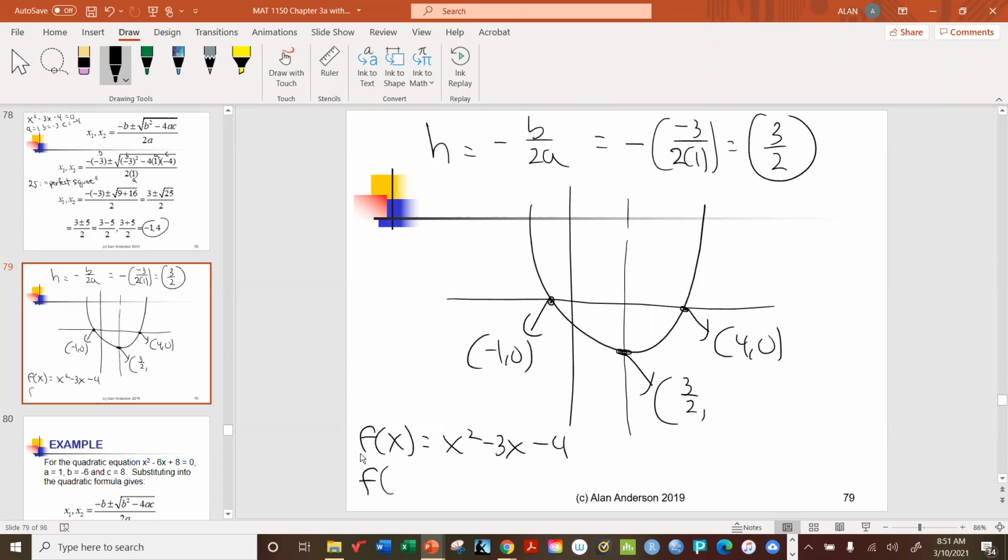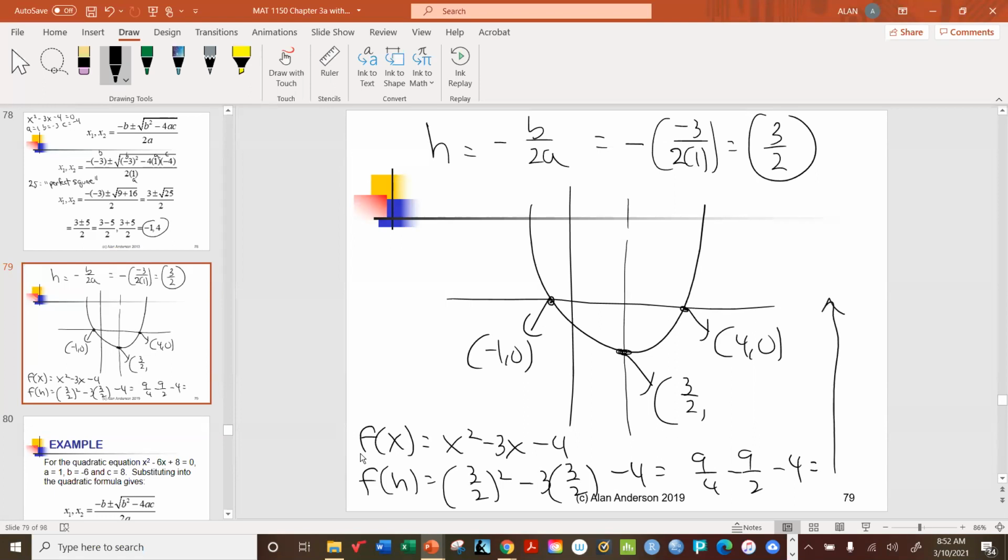So therefore, f of H would be (3/2) squared minus 3 times 3/2 minus 4. Okay, so we can convert these all into fourths. We'll have 9/4 minus 18/4 minus 16/4 is, let's see, what is that? Minus 25/4.